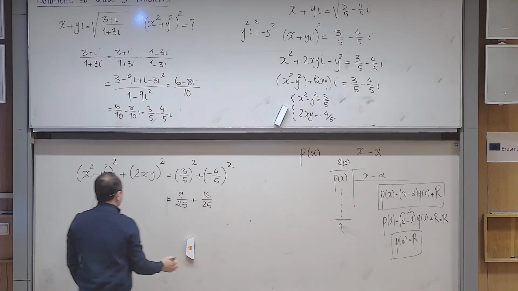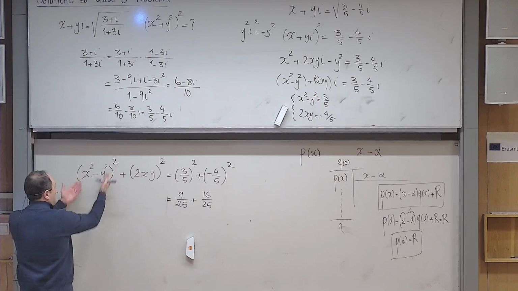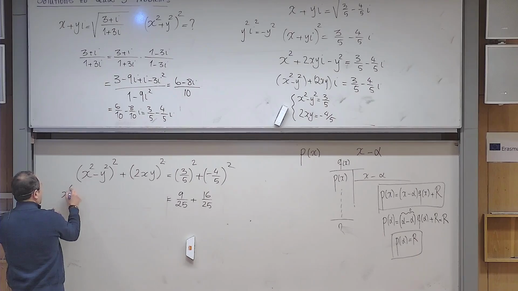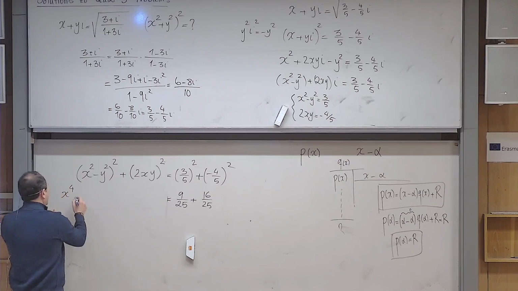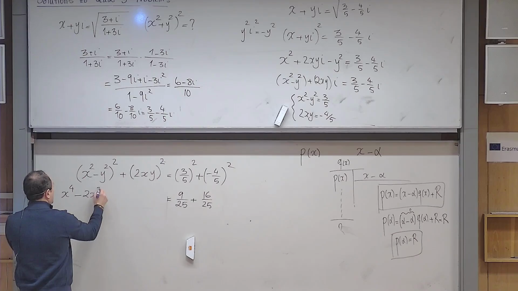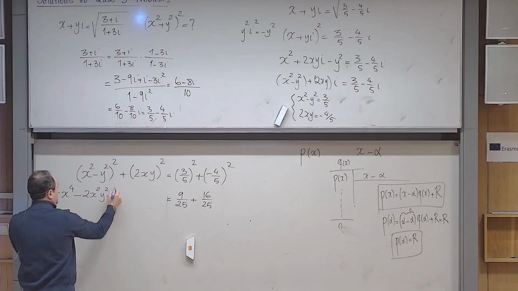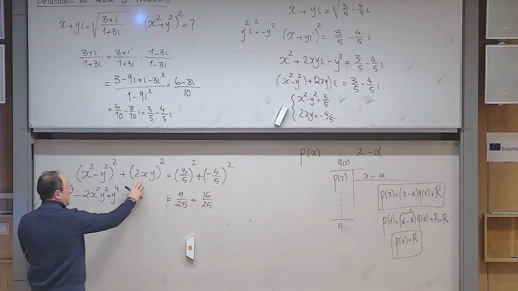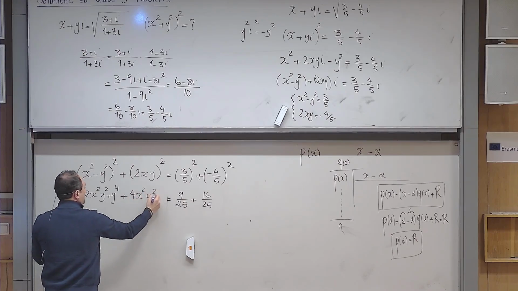But now look, if I insist you to do something with this one, what do you do? You raise it to power 2. The first one is squared, 2 times the first one times the second one, yes, is minus 2x squared y squared. The second one is squared. And now if I ask you to raise it to power 2, you will answer 4x squared y squared.